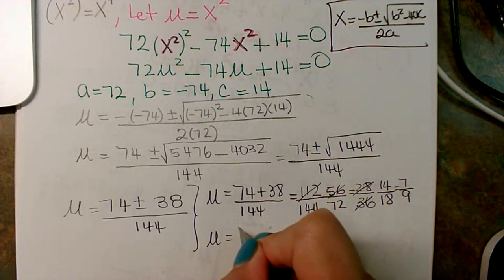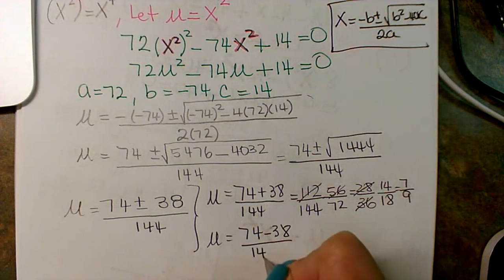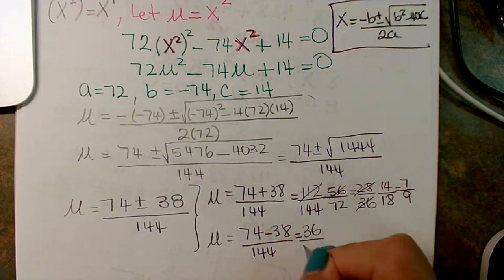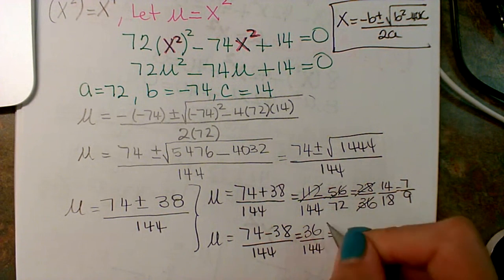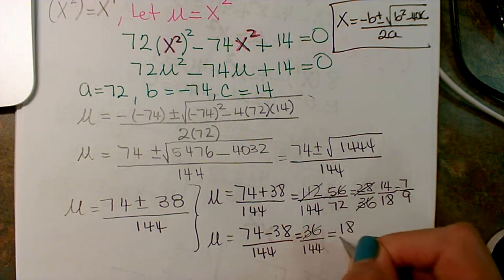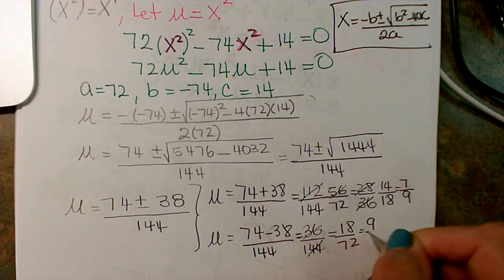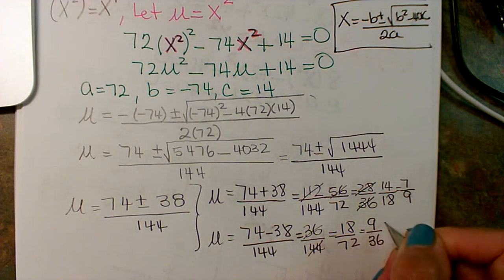The other one is 74 minus 38 divided by 144. 74 minus 38, 36 over 144. By half is 18 over 72. By half, this is 9 and this is 36.